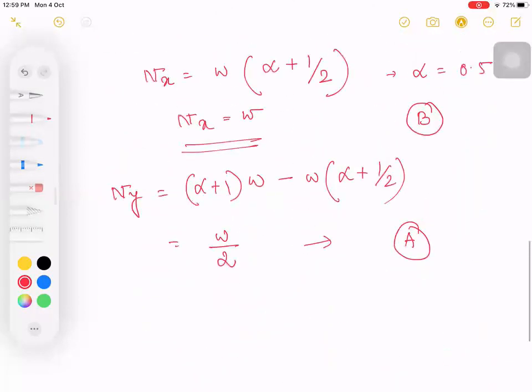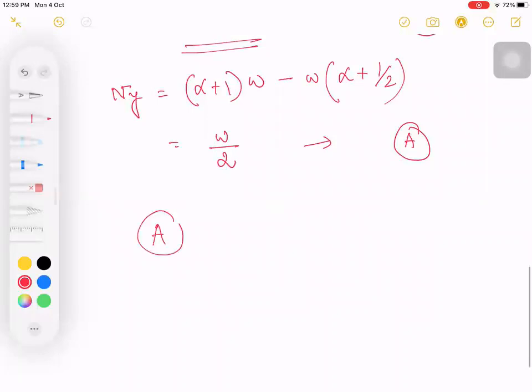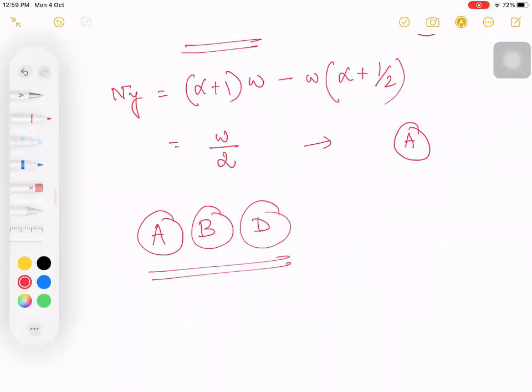So option C is not correct. The final answers are option A, option B, and option D. These are the correct options. It was a very simple problem and can be solved very quickly.